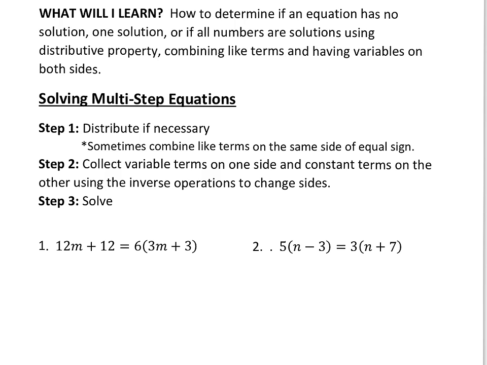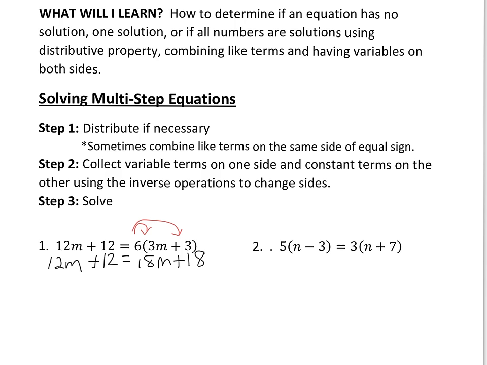So my first step is to distribute the 6 to the 3m and the 3. So I'm left with 12m plus 12 equals 18m plus 18. Now I can go ahead and do step number 2, collect variable terms on one side and then constants on another.